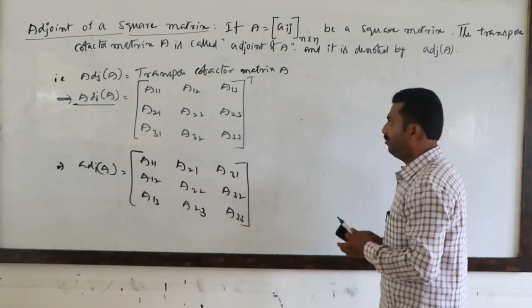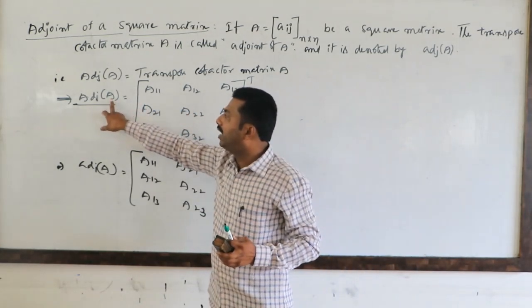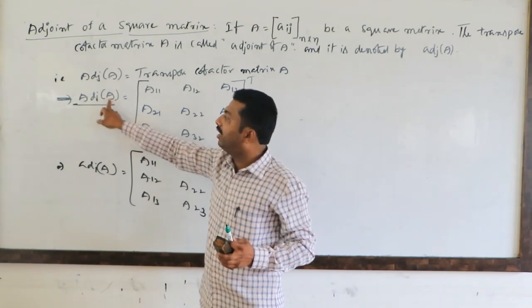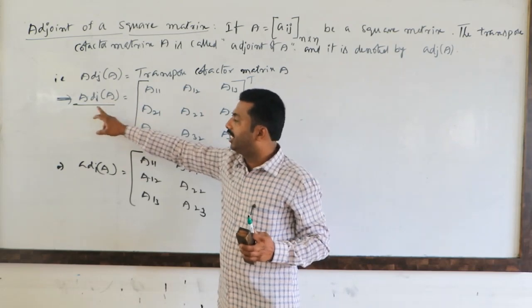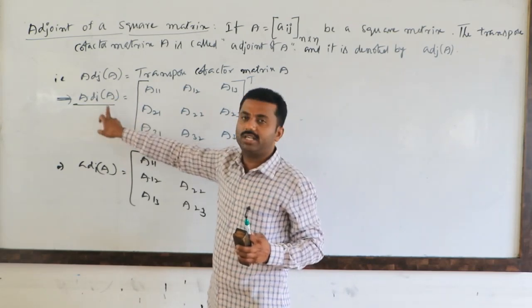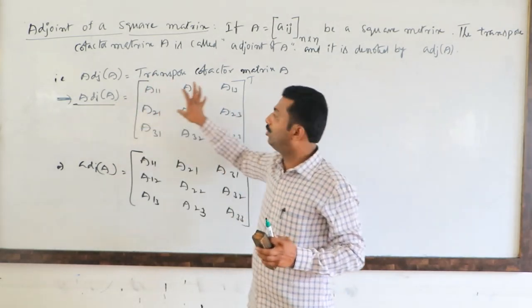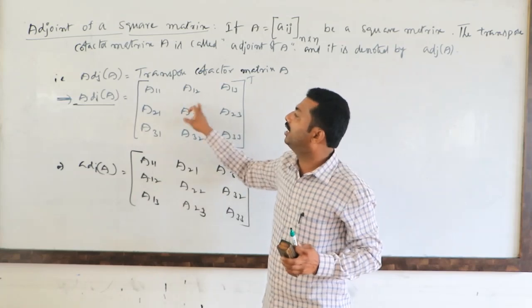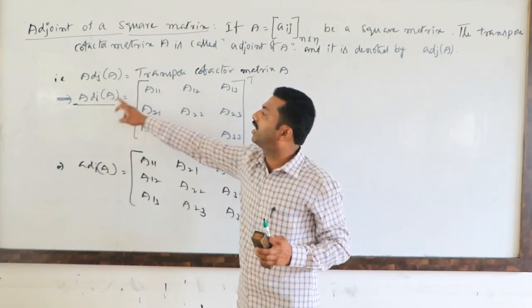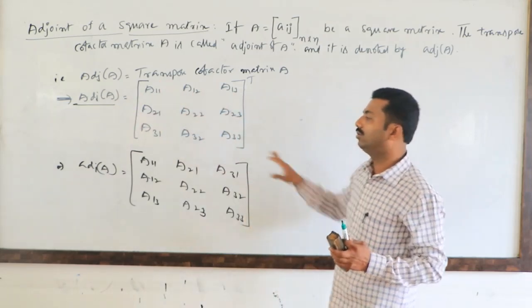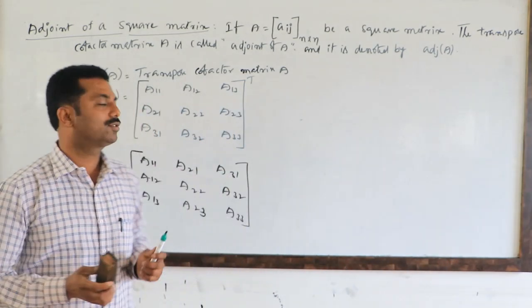So you observe, adjoint of A means all the cofactors of elements of A are the elements of the adjoint of capital A. So what are these elements? The cofactors of elements of capital A, nothing but A11, A12, A13 like that. So this is the procedure to calculate the adjoint of a square matrix.